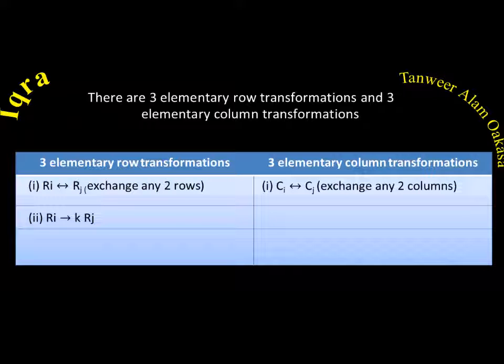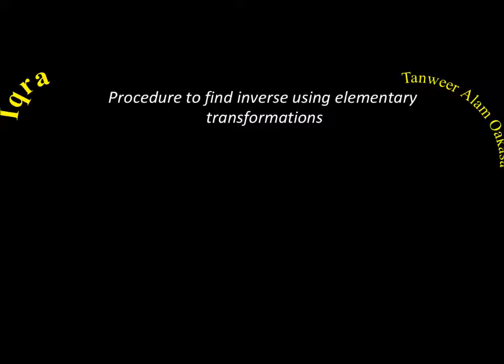Second is that I multiply any number with any row or any column. And third transformation is that I multiply any number with any row and add to any row, and the row will become Ri plus K Rj. Similar transformation on column.